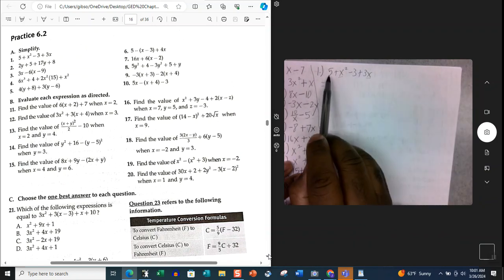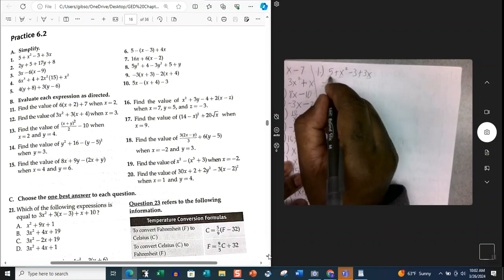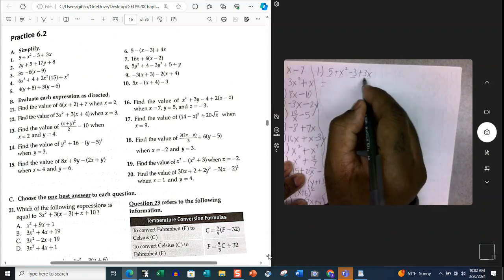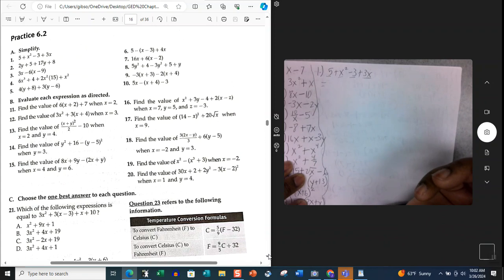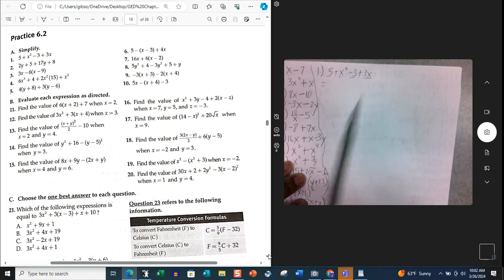First of all, we have to determine what our terms are. And remember, our terms are separated by addition and subtraction. So we have a term of 5, a term of x squared, a term of -3, and a term of 3x. When you're doing the subtraction part, the subtraction goes as a negative when you're describing the term. So these are our terms.